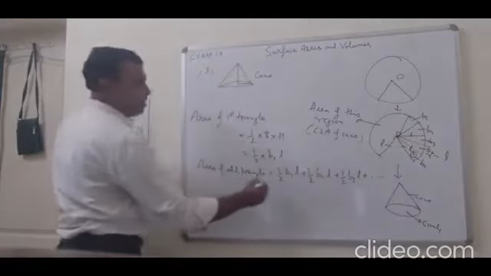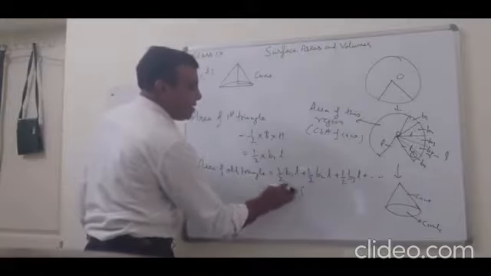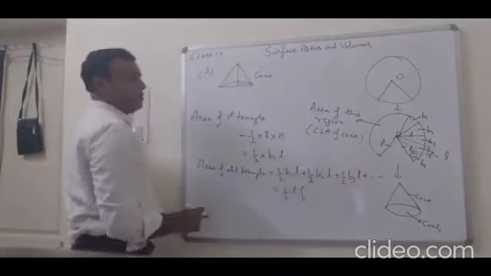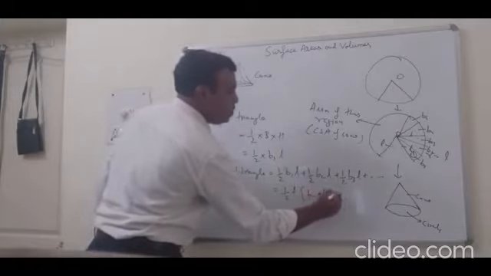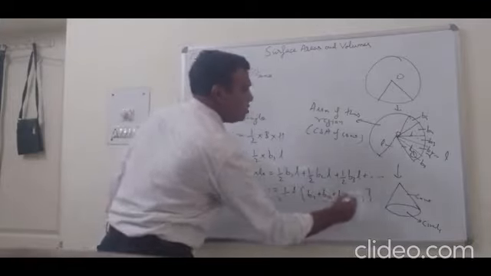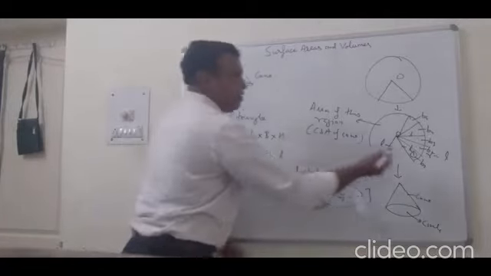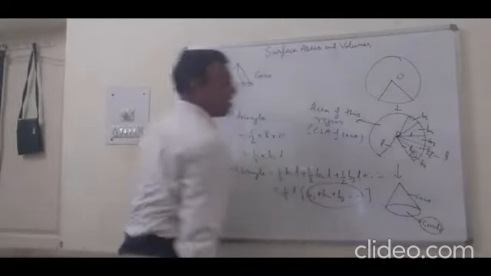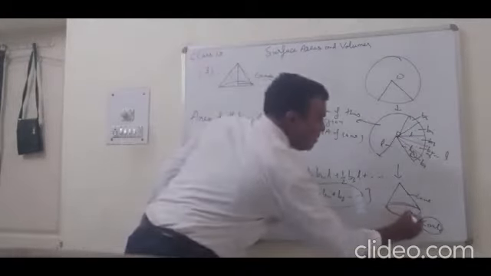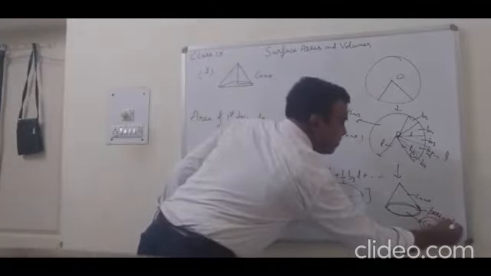You take out half common, and L, the slant height, is common: B1, B2, B3 and so on. What is this B1, B2, B3? When you fold it, what will B1, B2, B3 become? The perimeter of the circle.